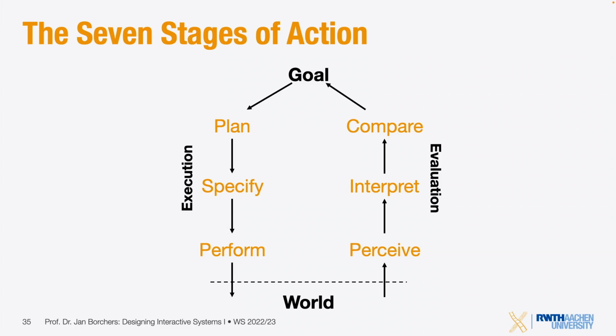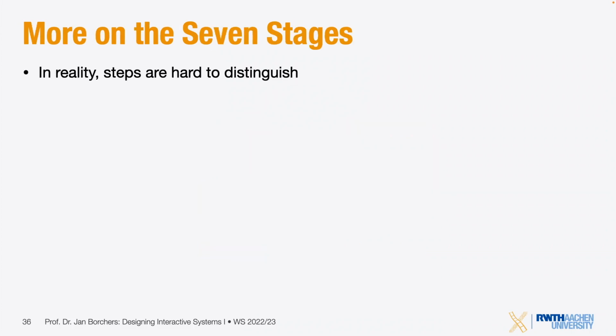So in some examples, depending on the task, sometimes perceiving and interpreting are actually going to be quite different. We're going to see some examples of that. Now, of course, in reality, these steps are kind of hard to distinguish, meaning that, again, this is a model. Humans don't go through and think, I have a goal and now I make a plan. That's not how we work. This all happens subconsciously.